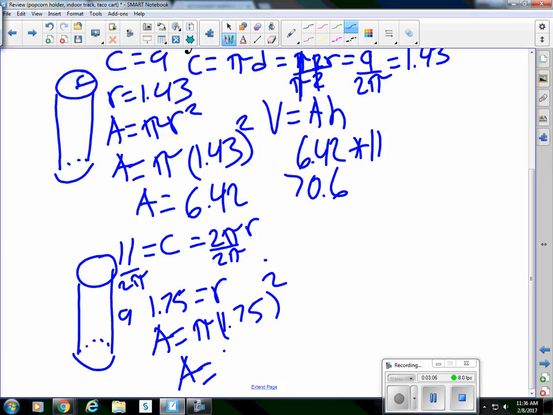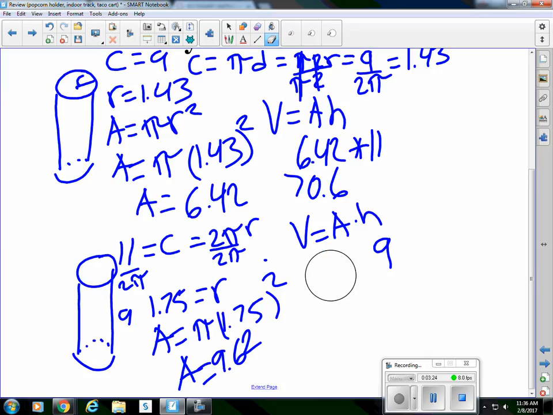So the area equals 9.62 square inches. And so the volume is the area times the height, if it's straight up and down, and it is. But in this case, the height is only 9. But the area is 9.62.